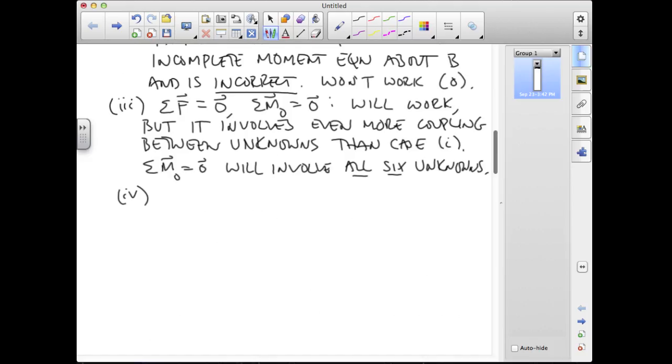The fourth proposed solution involves taking the dot product with a couple of cross product terms, and this actually will work for reasons that will be apparent if we go back to our moment equation about B. So now I want to consider the following equation. I want to take the sum of the moments about B equals 0, and I want to dot that into U parallel, which is the same as dotting it into RAC in the proposed solution. We previously wrote out the sum of the moments about B equals 0, and I'll reproduce that here.